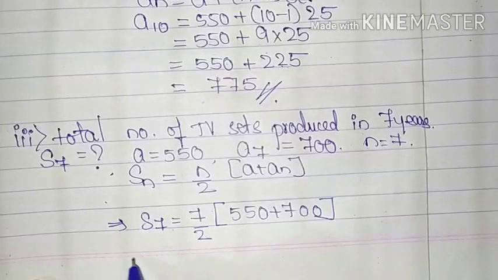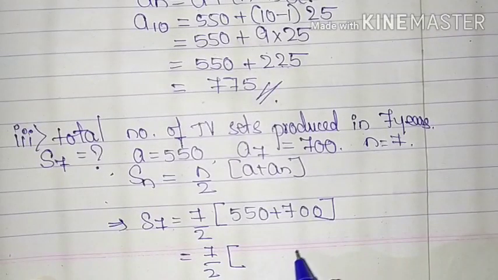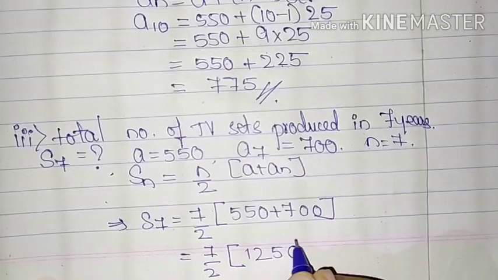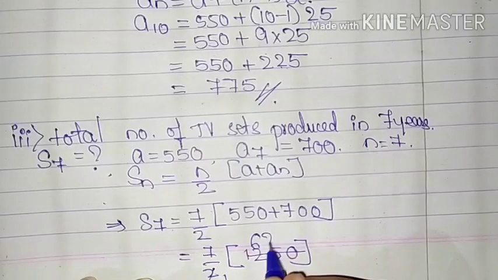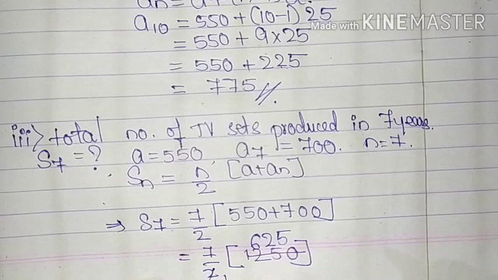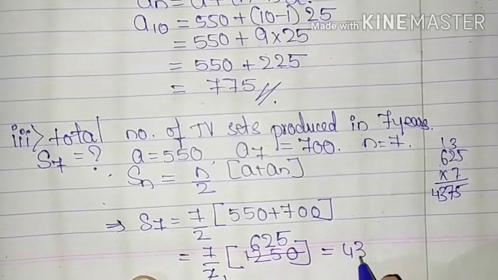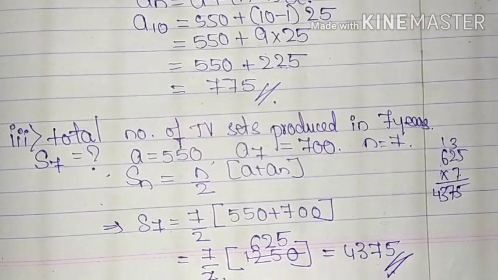This is nothing but 7 by 2 into 1250, which is 7 into 625, which is nothing but 4375. So the total number of TV sets produced in the first 7 years by the manufacturer is 4375. That is our solution.